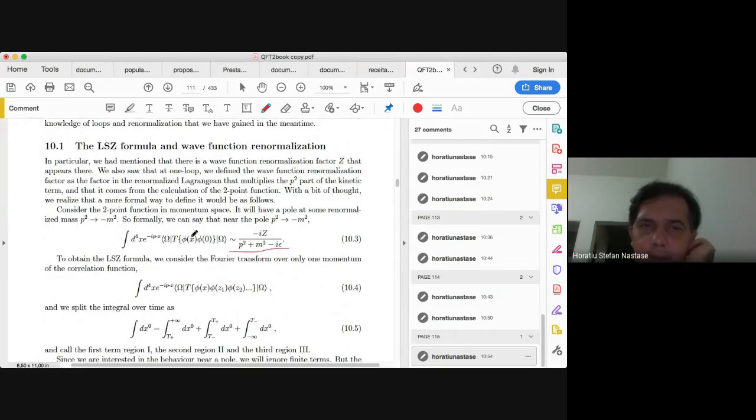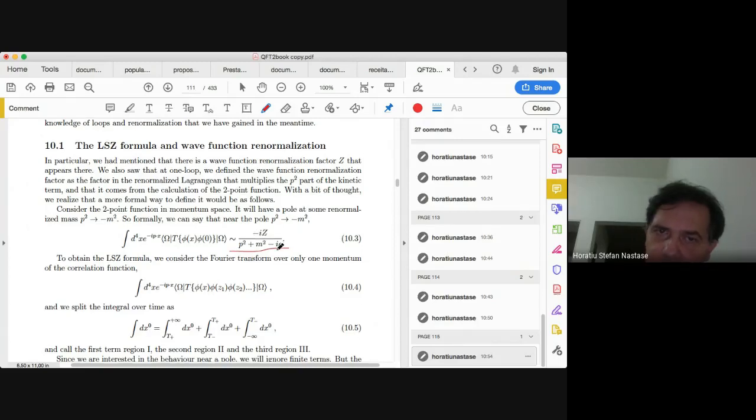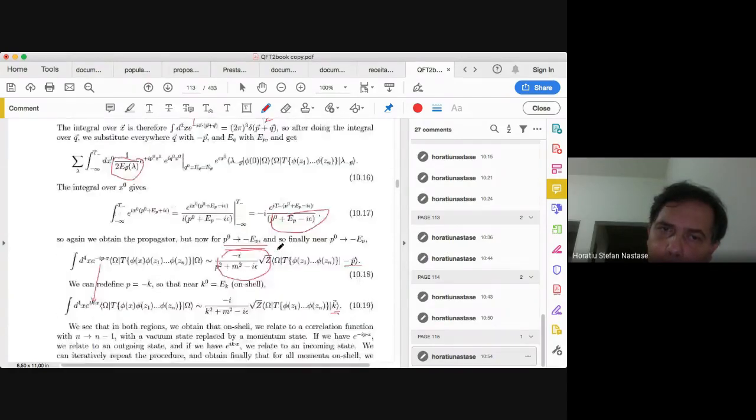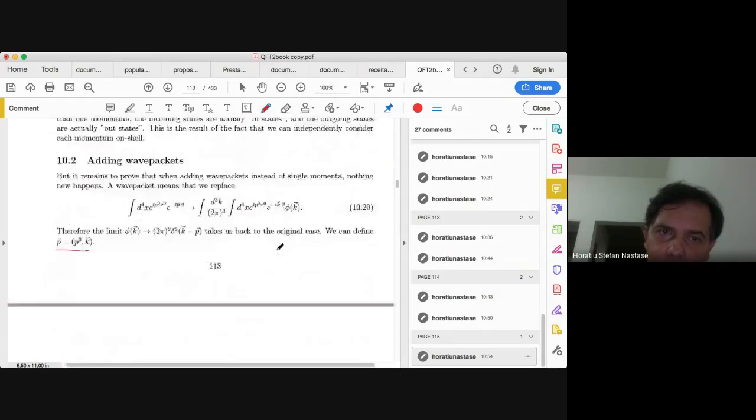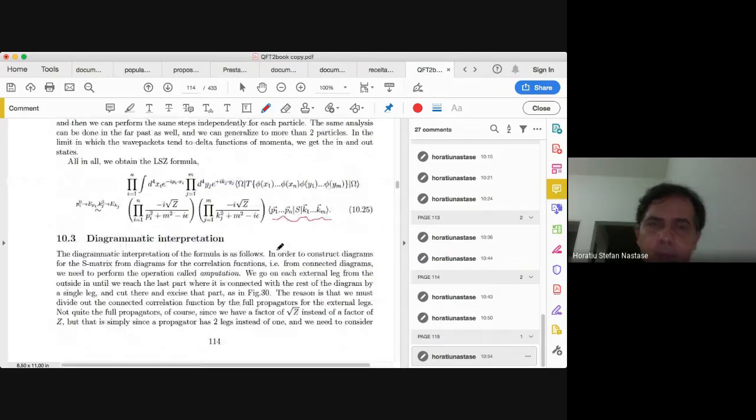This was the full 2-point function in momentum space, which is minus i z divided by p squared plus m squared minus i epsilon. And indeed, you see in the LSZ formula, from the correlation function in momentum space, I divide by these factors.